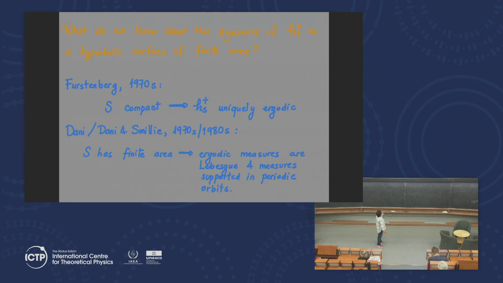It's due to Dani for the modular orbifold and to Dani and Smillie for all hyperbolic surfaces of finite type. They prove that the only ergodic measures for the horocycle flow are Liouville measure on the unit tangent bundle to S, and the measures supported by periodic orbits.